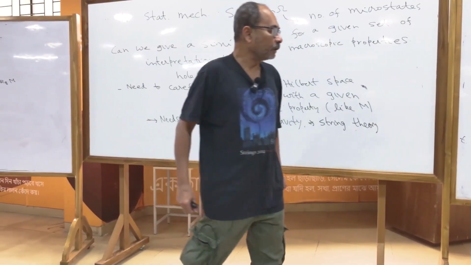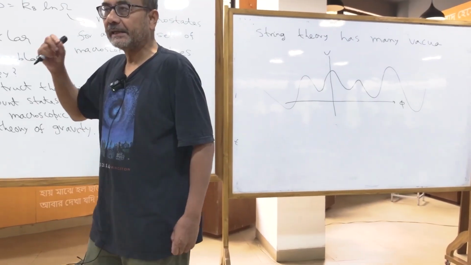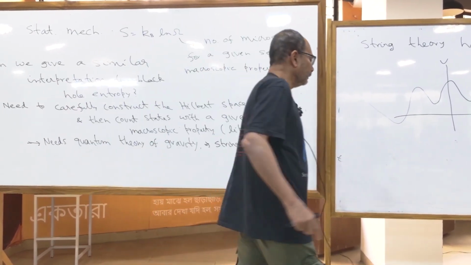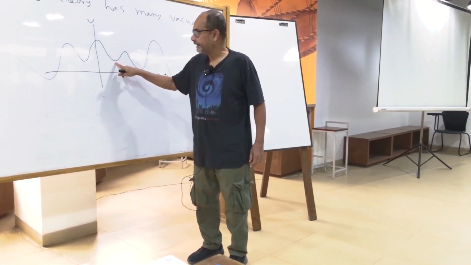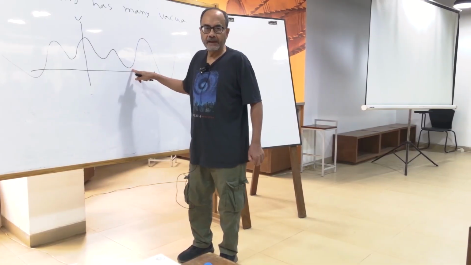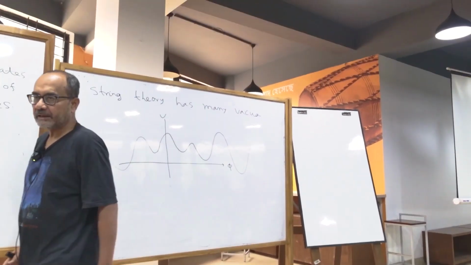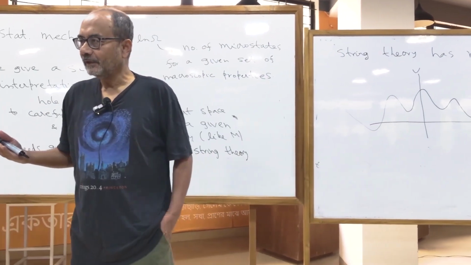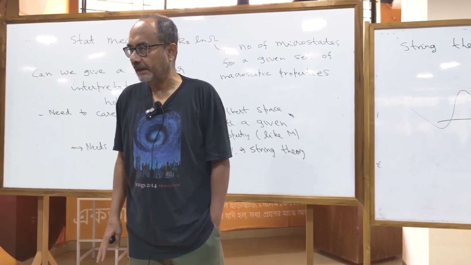They are what are called metastable states, right? They are not exact ground states, which means that if you are in one of these minima, there is always a small probability of tunneling to the other minima. But that's not inconsistent with nature, as long as the tunneling rate is small enough so that the universe has survived for 10 to the 10 years, that is good enough to describe our world.